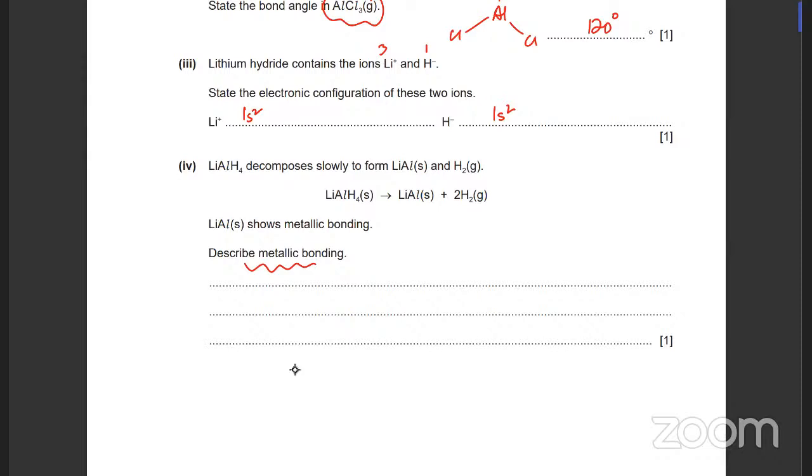Electrostatic force of attraction between the positive ions and the sea of delocalized electrons. Okay, we'll probably get 1 mark for that, because this is a 1 mark question. But remember, again, go through the structures. How do you describe metallic bonding in O levels? It's a giant metallic lattice.